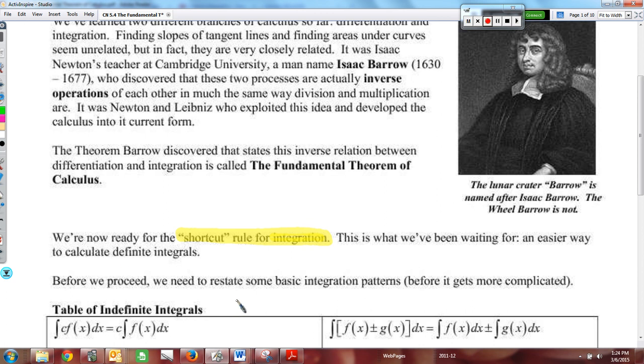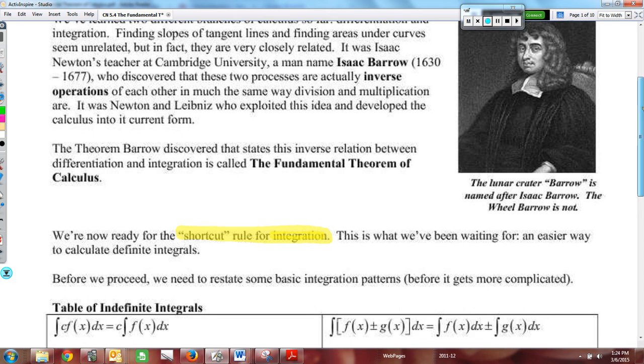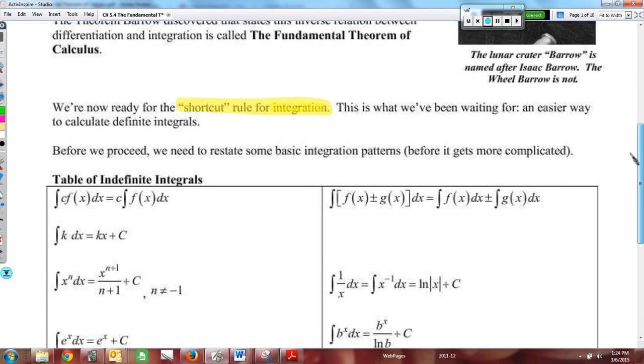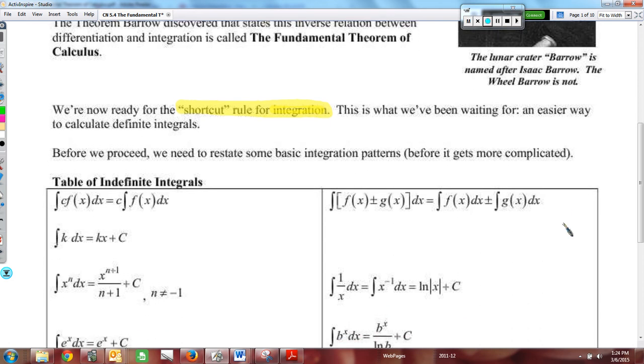Or if we could use the picture and we knew some information and we had some properties of these definite integrals, if I had given information, I could then find some definite integrals. But what we really want to do is exploit the idea that the definite integral is calculating your accumulation of area, your net change in your position function if you're using a definite integral with a velocity function.